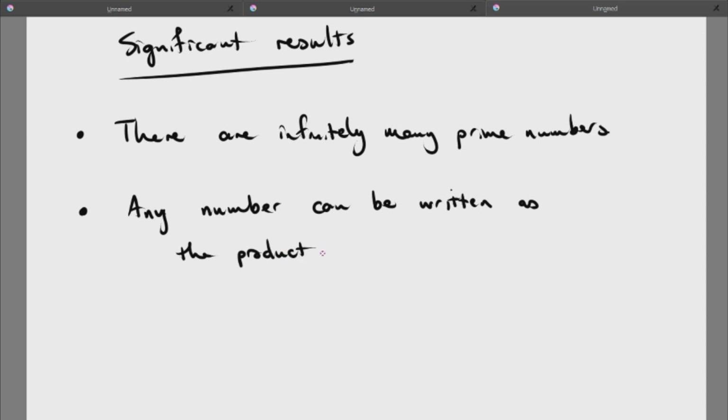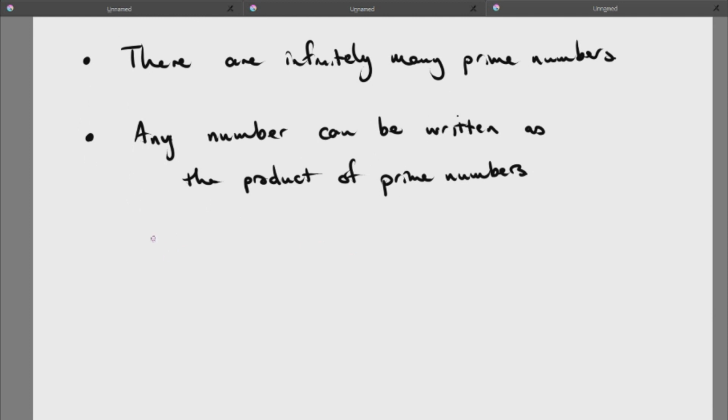Any number can be written as the product. What does product mean? Product means one thing in math. Multiplication. Product of prime numbers. In English, the product means different things, but not in math.